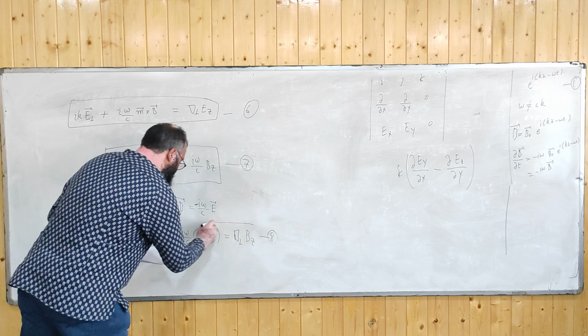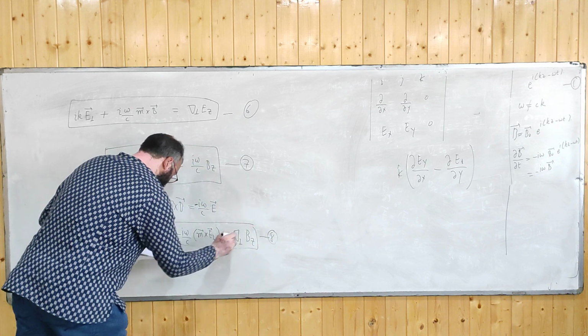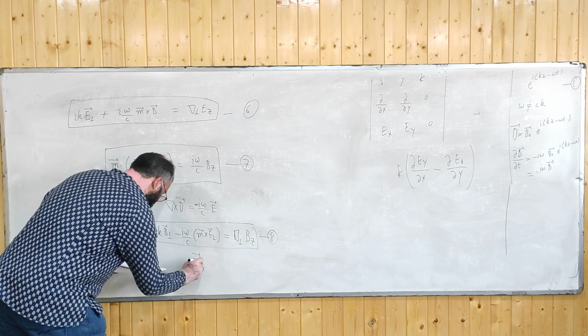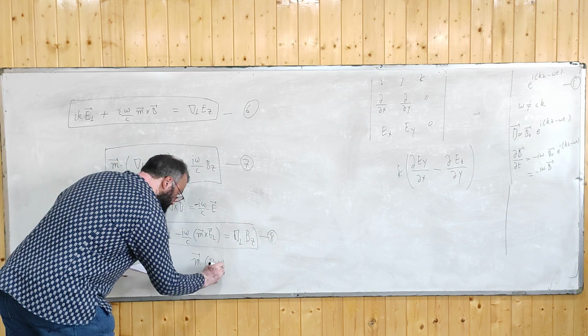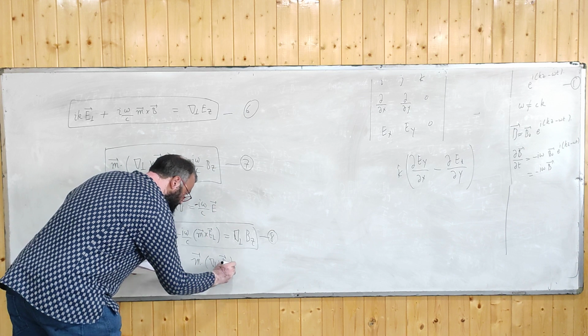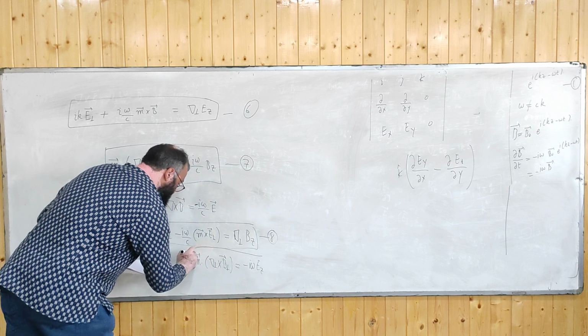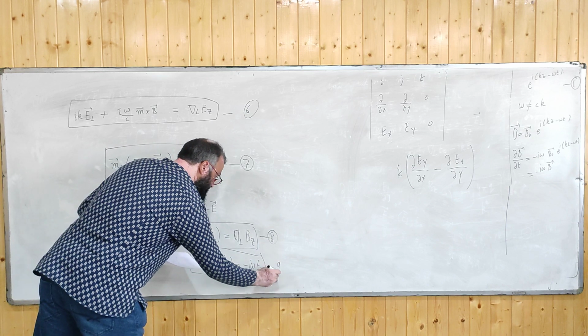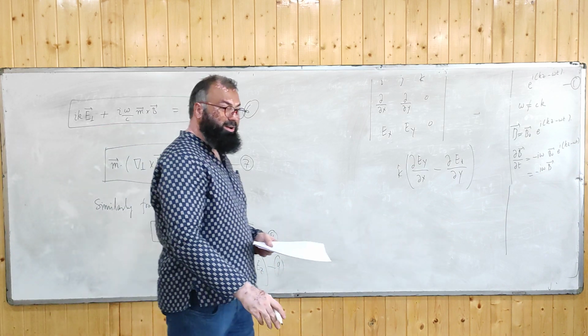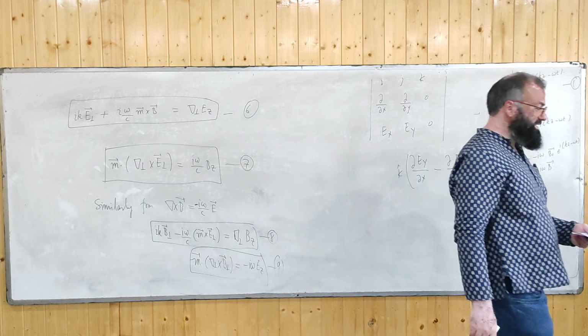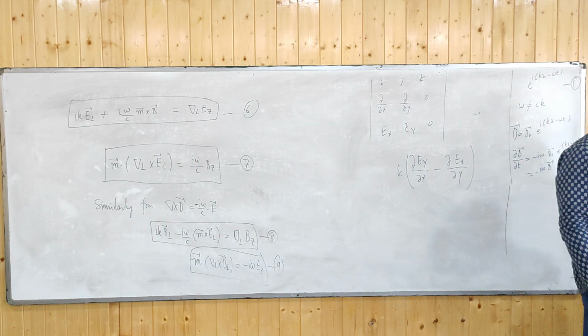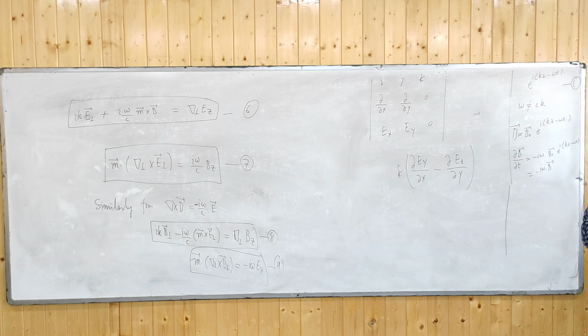Let's call this equation 8 and this equation 9. So these are Maxwell's equations separated into longitudinal and transverse components. Clear? Longitudinal is separate and the transverse is separate here in this very equation.